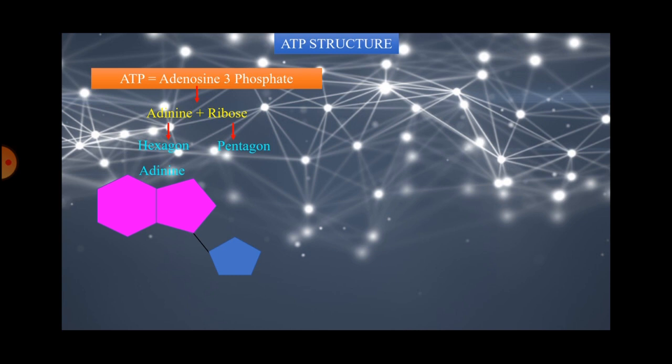And we have 3 phosphates, that means 3 molecules of phosphate. So 1st phosphate, 2nd phosphate and 3rd phosphate. When energy is being released or stored, this energy is going to be utilized by the body, by the organs. We have the full amount of energy when we have 3 phosphates.